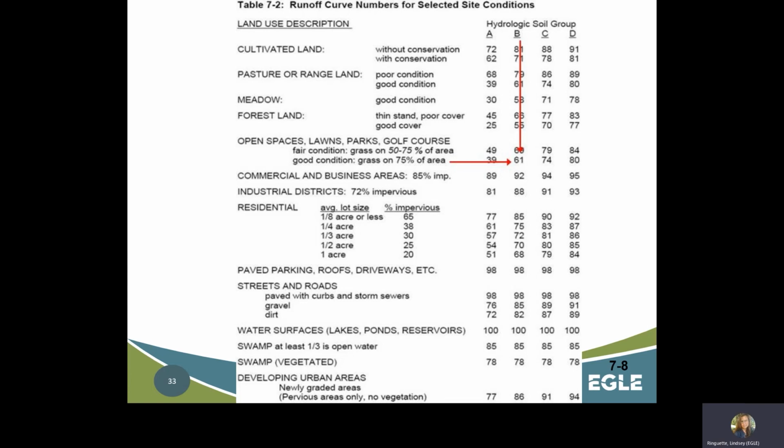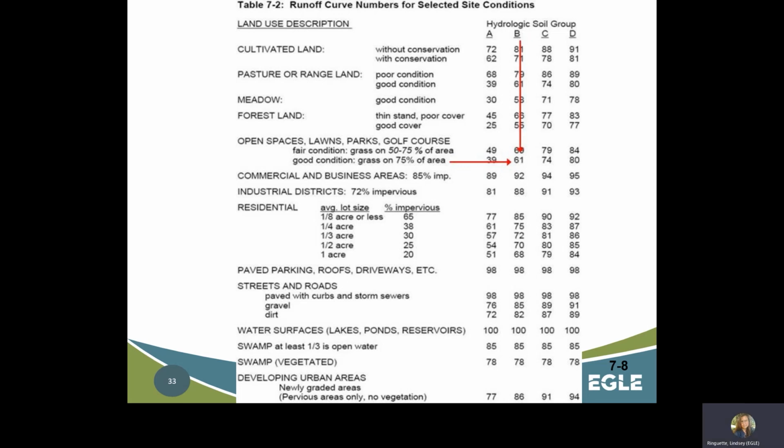Here is Table 7-2, Runoff Curve Numbers for Selected Site Conditions. The problem tells us that the site is undisturbed with dense grass. As you can see, dense grass isn't an option in the table. However, there is open spaces, lawns, parks, and golf courses in differing conditions, fair with grass on 50 to 75% of the area, and good with grass on 75% of the area.